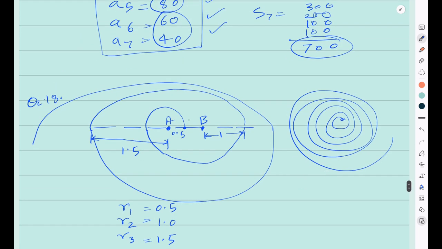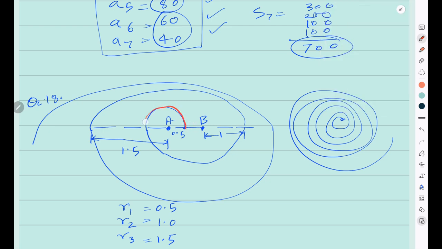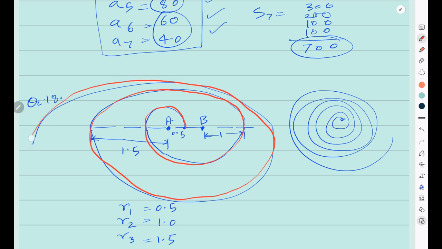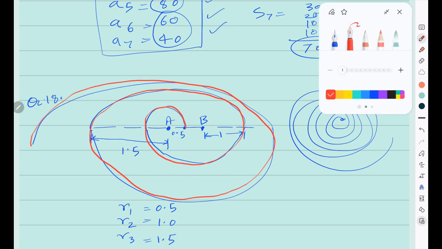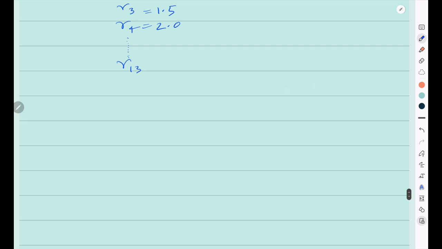Okay, so this length, what is the overall length if it goes about 13 times, 13 half circles? That is the question. Okay, so let us try to tackle it.